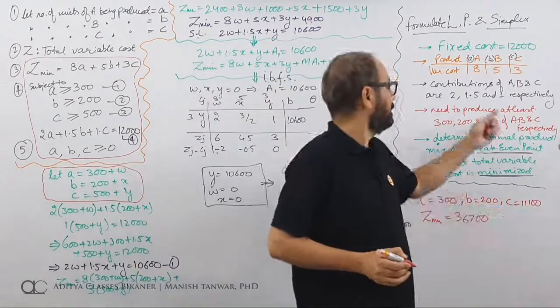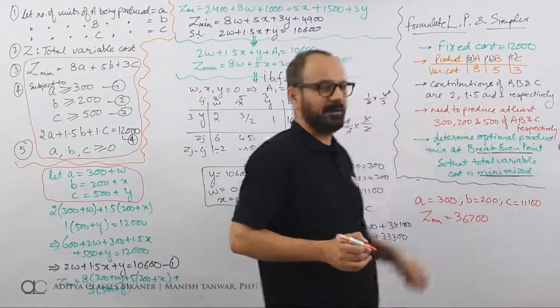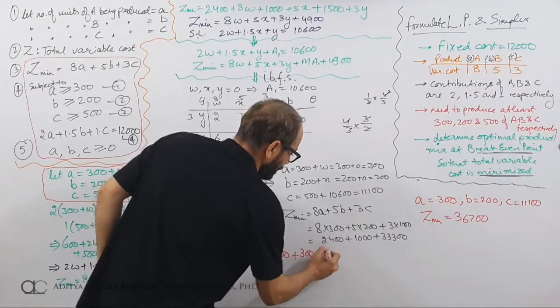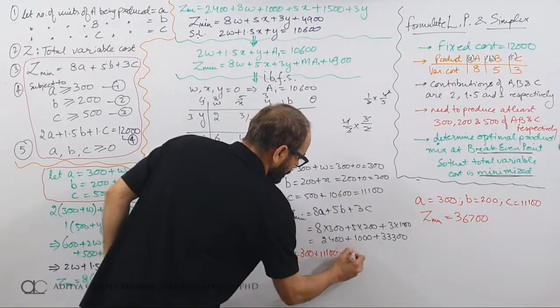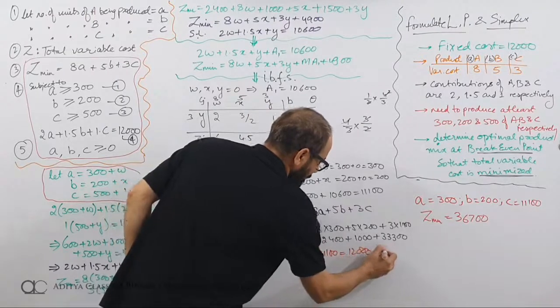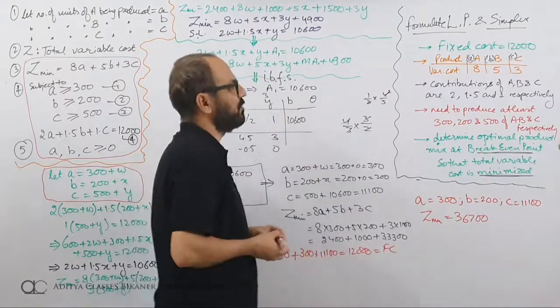And 11,100 multiplied by 1 gives 11,100, so a total contribution of 12,000, which was my fixed cost.